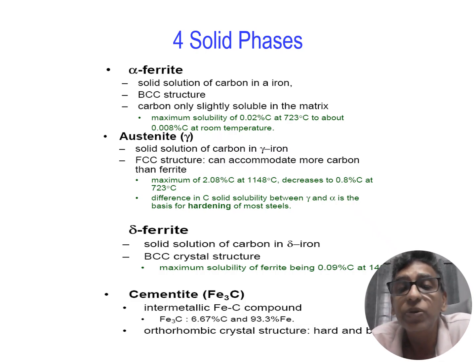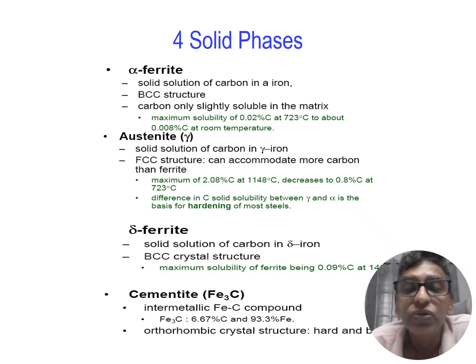The difference in carbon solid solubility between alpha and gamma is the basis for hardening of most metals. Delta ferrite is a solid solution of carbon in delta iron, BCC structure, with maximum solubility of 0.09% at nearly 1490 degrees centigrade.